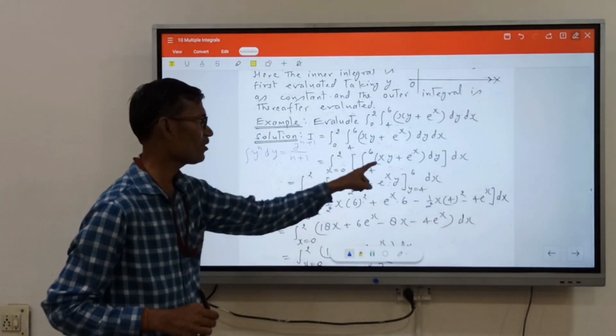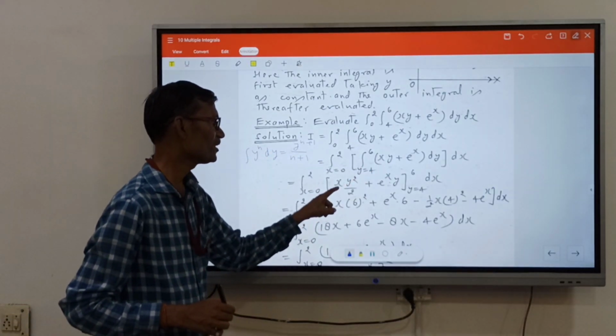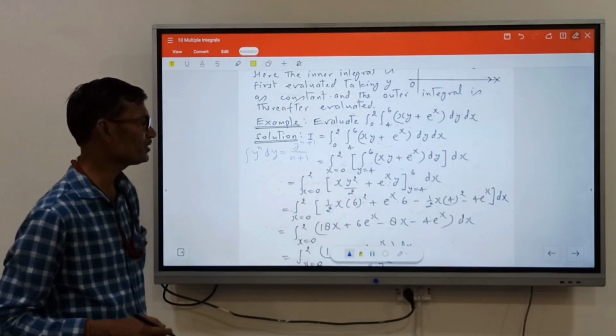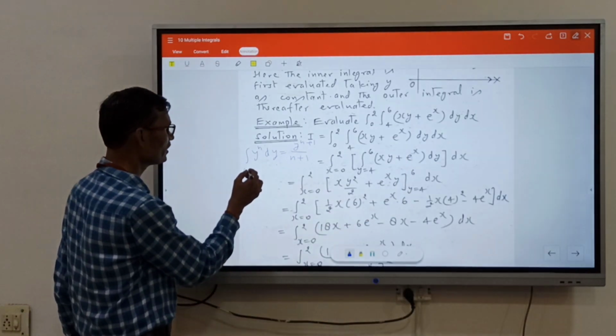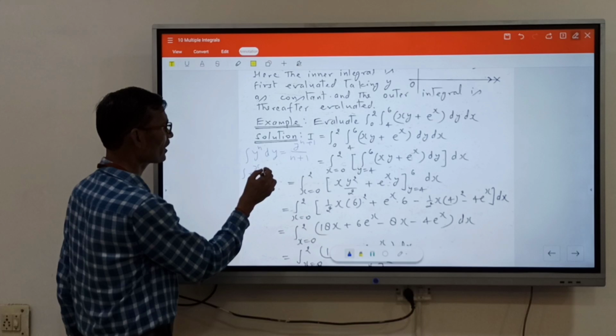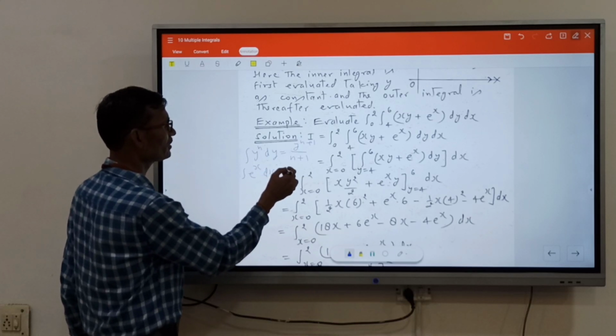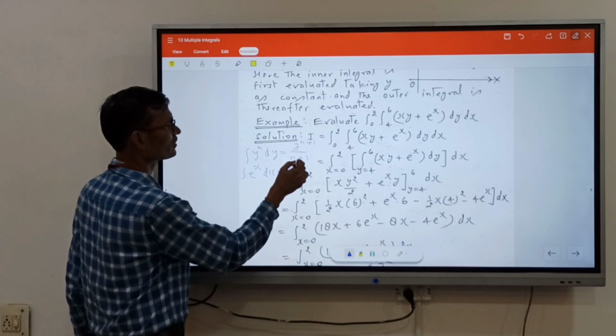Using this formula, the integral of y becomes y square upon 2, and for the other term, e to the power x, we know that the integral of e to the power x is the same, that is e to the power x.